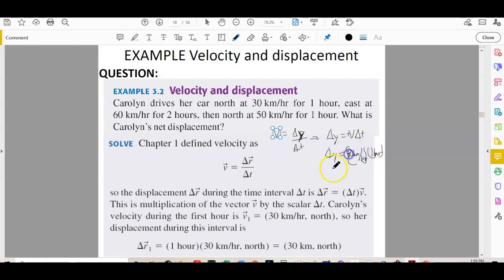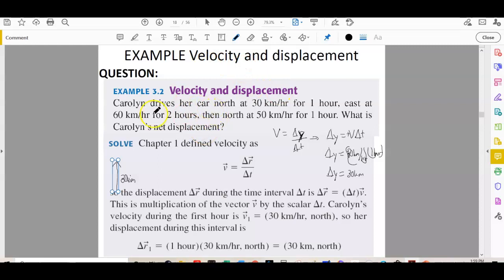And that's positive. So that means she went upwards 30 kilometers. Okay? So we have Carol who's going to be driving upwards 30 kilometers. So that was her displacement in that direction.